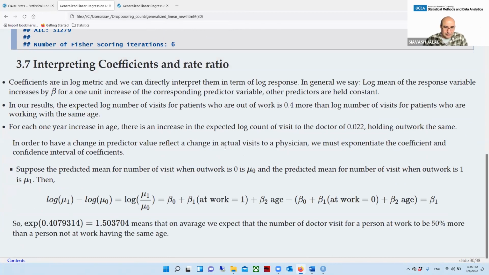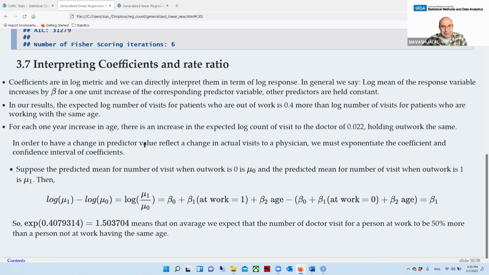So now let's interpret the coefficient the same way that we did before. For the difference of out of work versus at work, the log of the mean has a linear relationship. So we can use this formula, and this is beta 0.